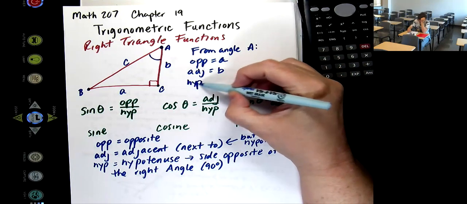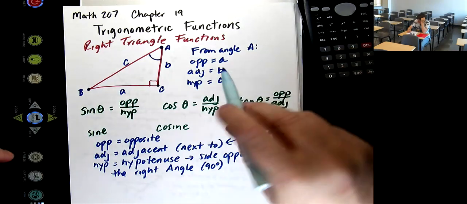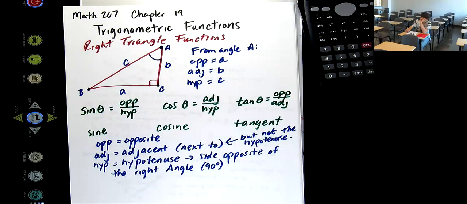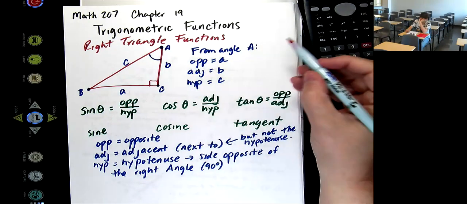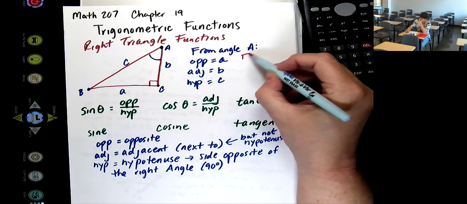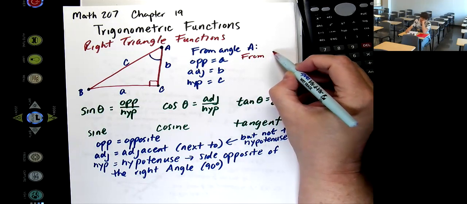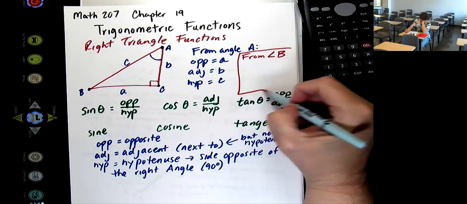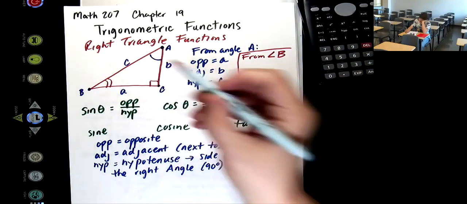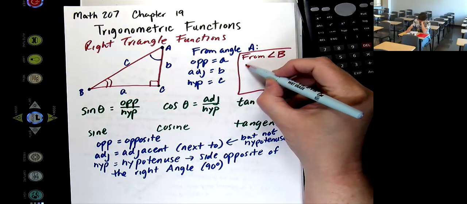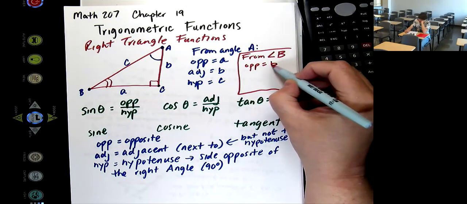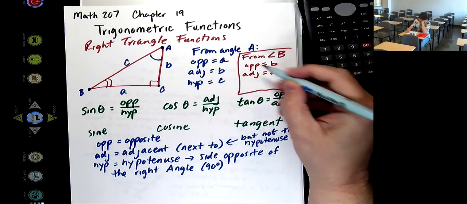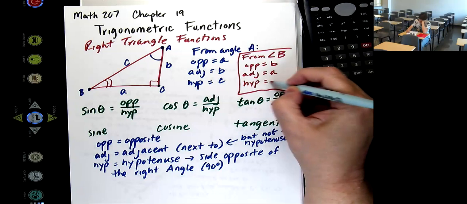And the hypotenuse is c. This changes if I look from angle B. If I do angle B right here, opposite is b, adjacent is a, and hypotenuse is still and always c.